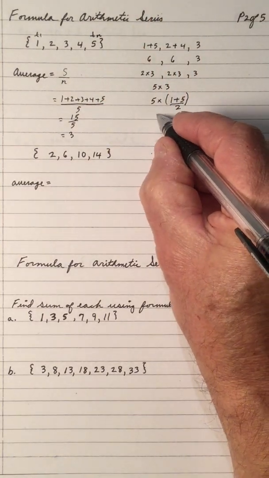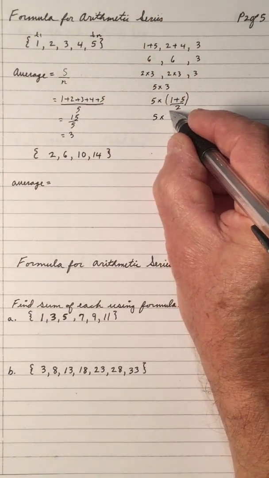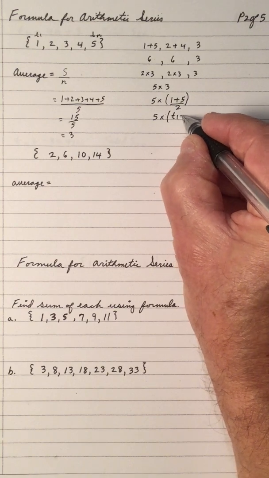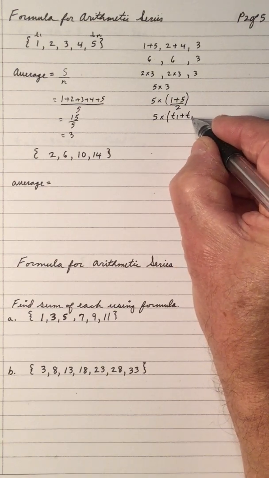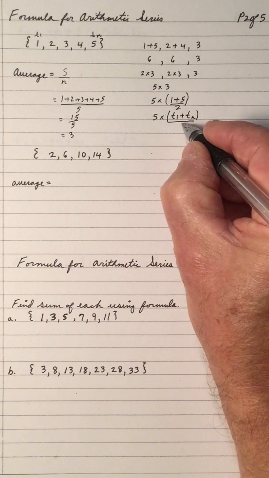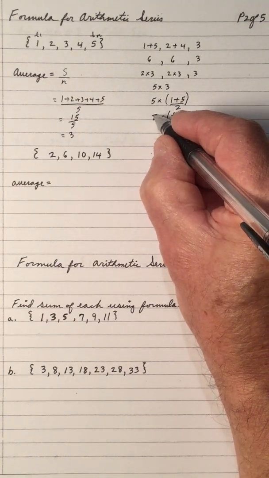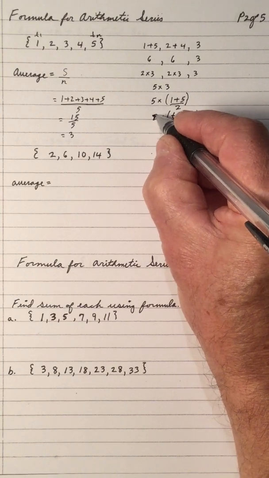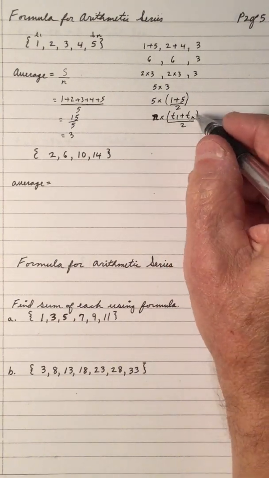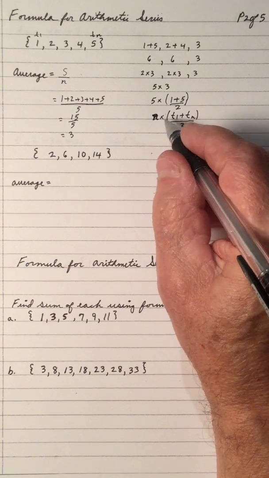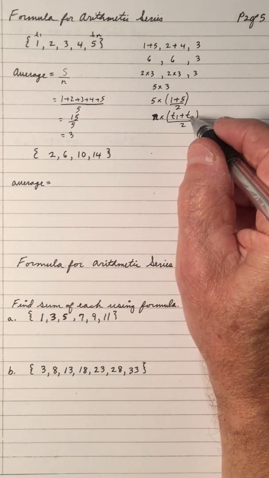So we could have 5 times T1 plus Tn divided by 2. And let's make that 5 an n. So what I'm doing is trying to explain deriving the formula for you in a simpler way.